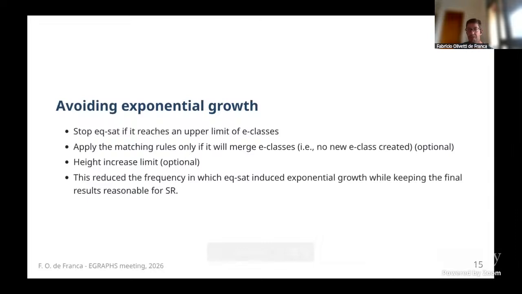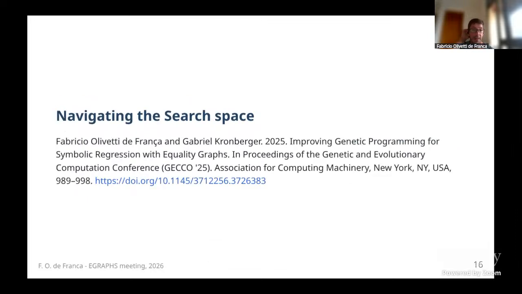All right, so moving along, this is a recent paper from last year. Now that we had this library, we started thinking, okay, what else can equality graphs bring us to improve the search for symbolic regression?